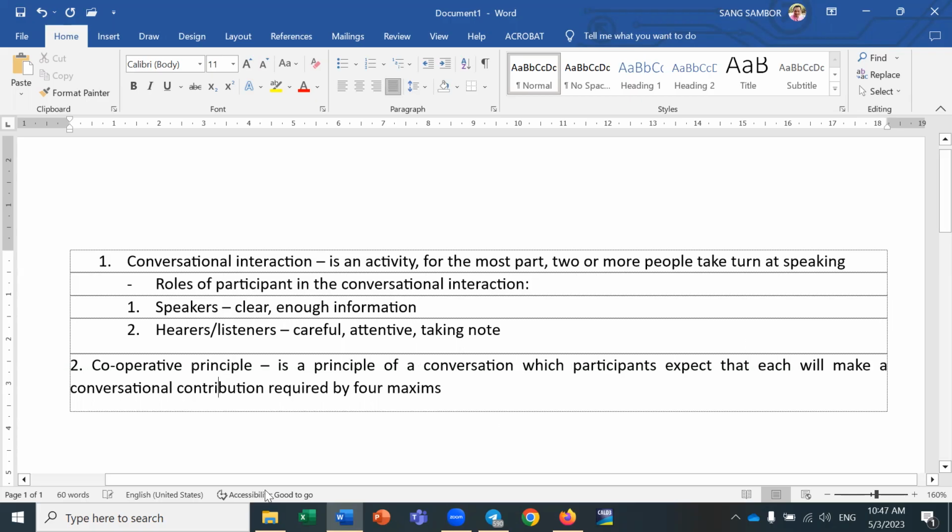That's how we define the cooperative principle.